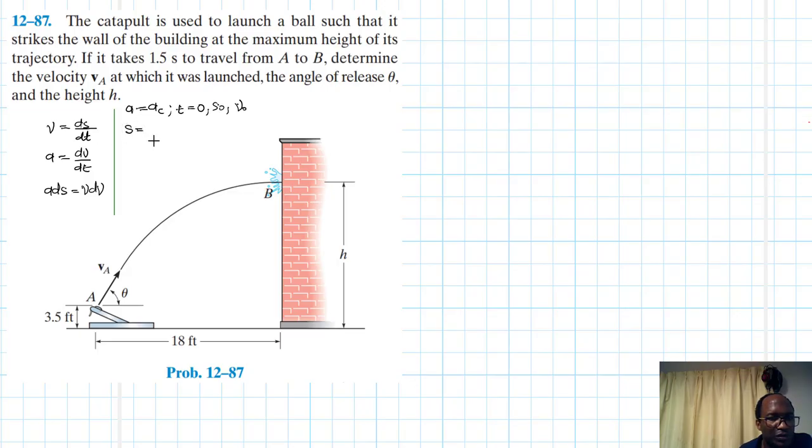And from this, we have the following equations: s is equal to s naught plus v naught t plus half ac t squared. v is equal to v naught plus ac t, and then we have v squared is equal to v naught squared plus 2 ac (s minus s naught).